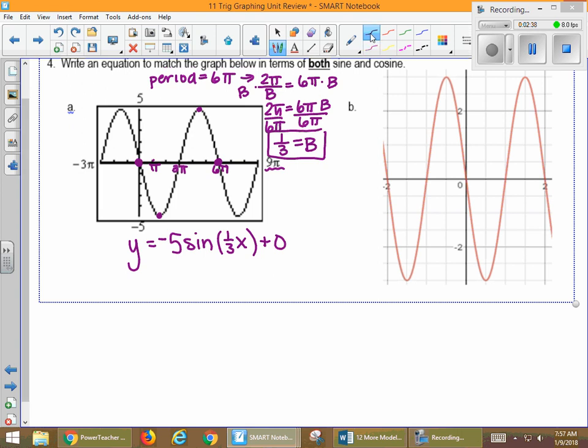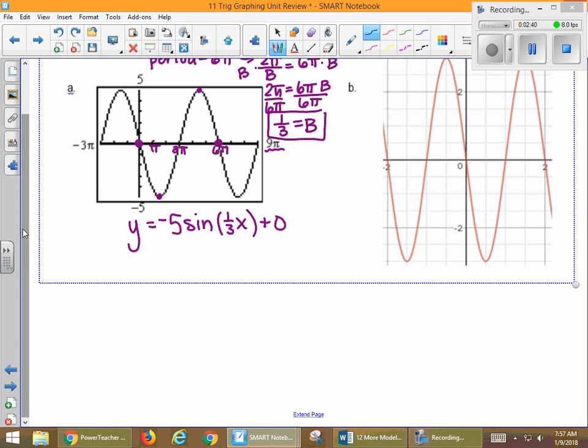Okay, so the nice thing about writing equations for both sine and cosine here is that the amplitude is going to be the same for my cosine graph. The number in front of x is going to be the same. And the vertical shift is going to be the same. The only thing that changes is whether I want that reflection or not, and my phase shift.